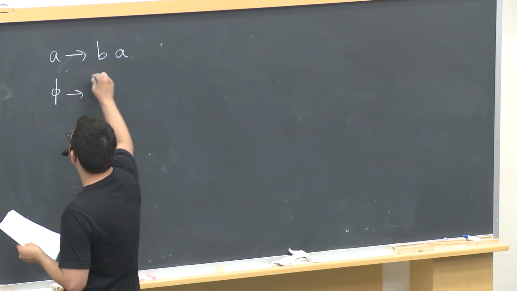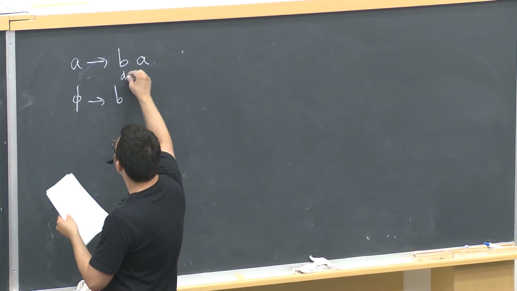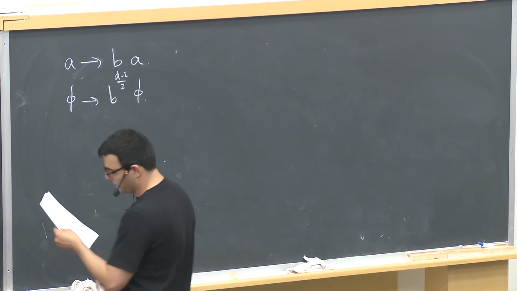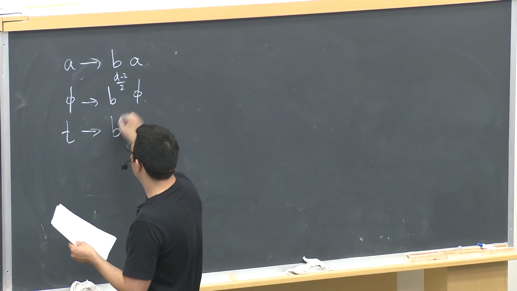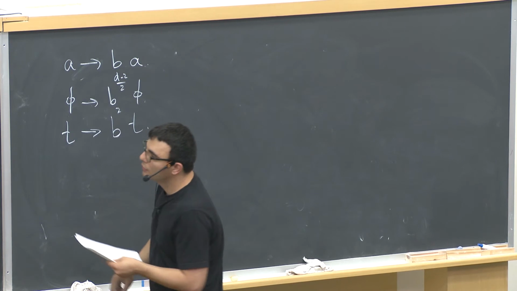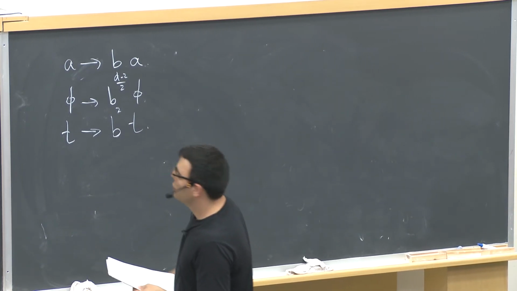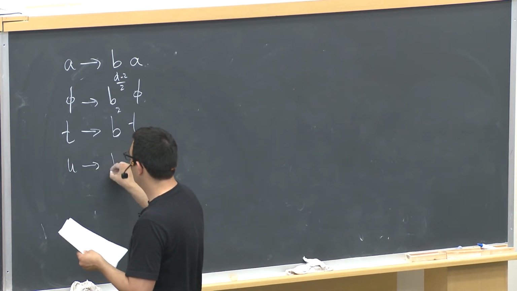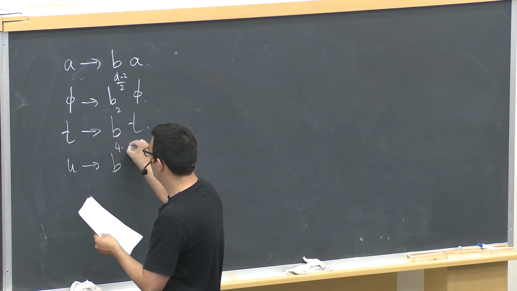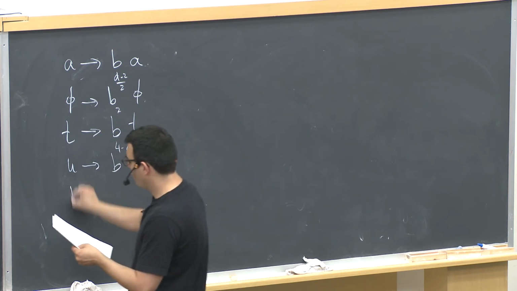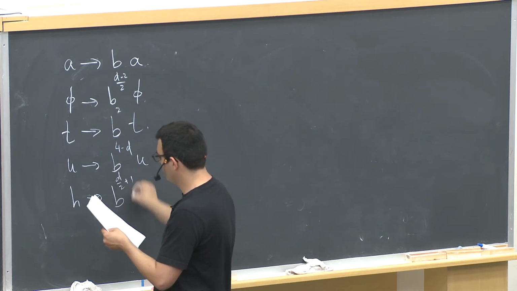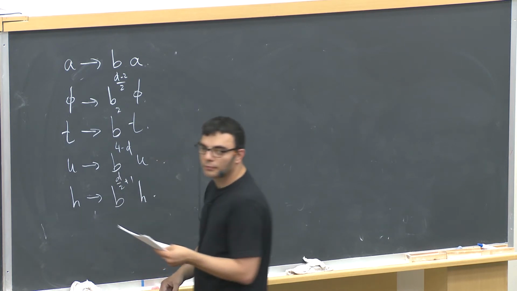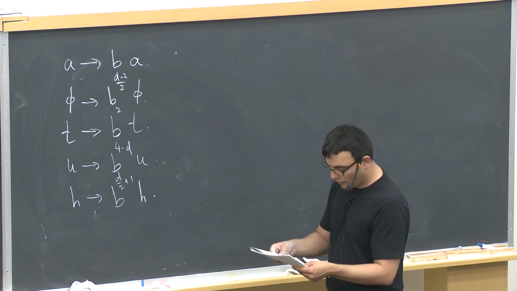Phi goes to b to the d minus 2 over 2 times phi. T goes to b squared times t. U goes to b to the 4 minus d times u. And h goes to b to the d over 2 plus 1 times h.